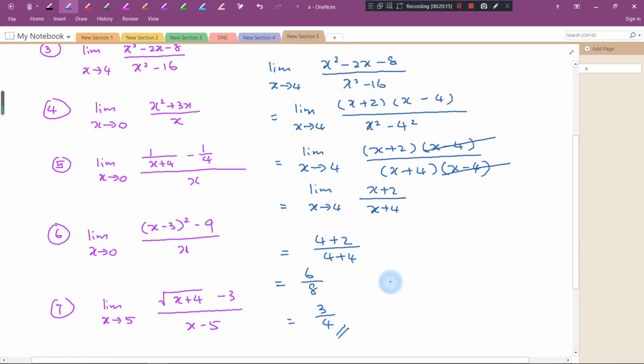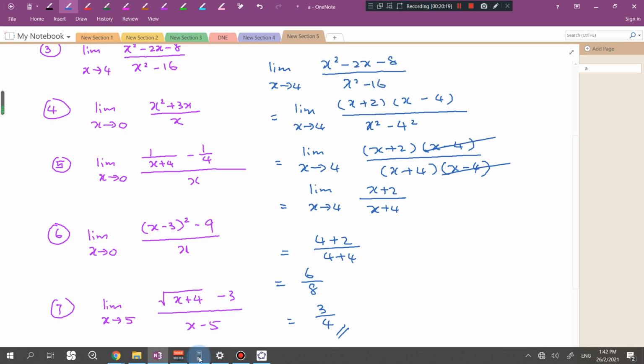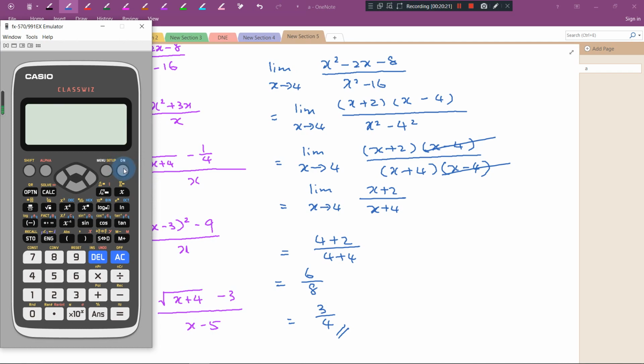Okay, so there's a way how we solve this question. Actually, you can also use your calculator to help you if you want to check whether your answer is correct or not. Okay, first you just key in this whole thing inside. X squared minus 2x minus 8, then this is x squared again, x squared minus 16.